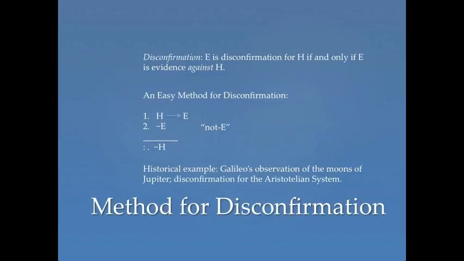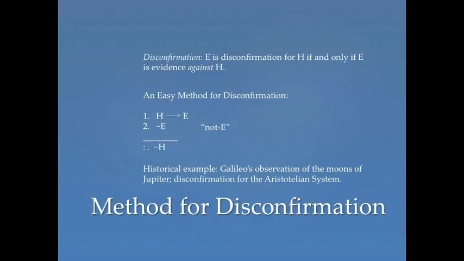As an example, think of Galileo's observation of the moons of Jupiter. According to the Aristotelian system, planetary objects and stellar objects only orbit the Earth. The Earth has this sort of privileged position at the center, and everything is orbiting around it. So if that's true, what would we expect to find when we make observations of the planets and of the stars? We would expect to find them moving around the Earth, and only the Earth.